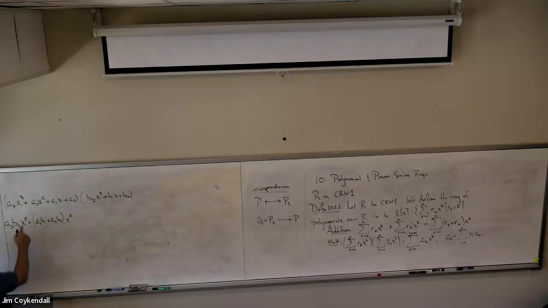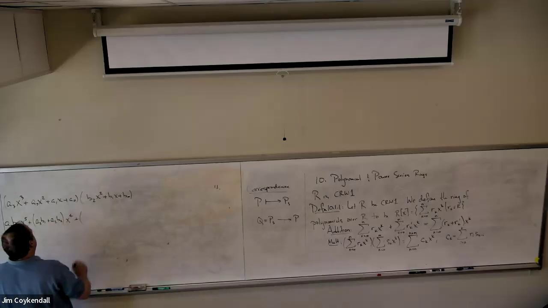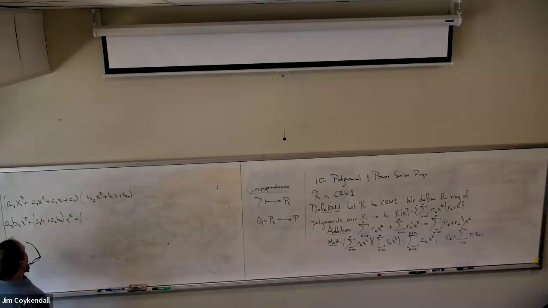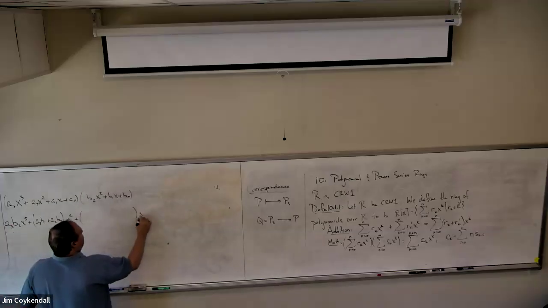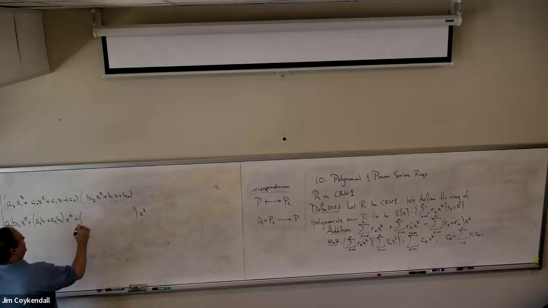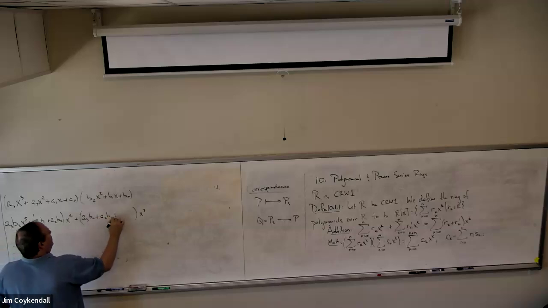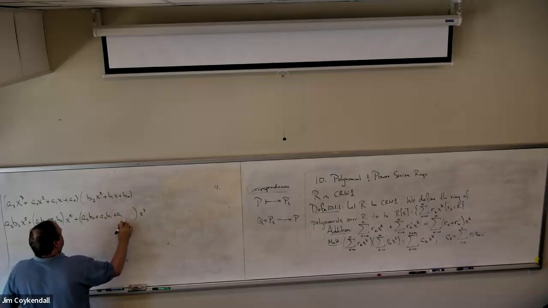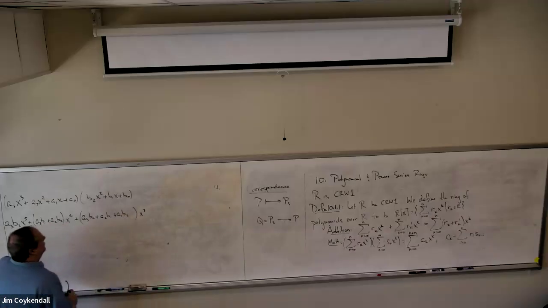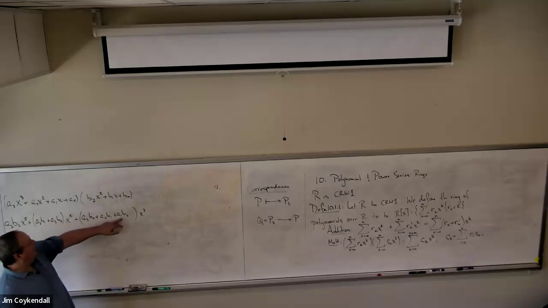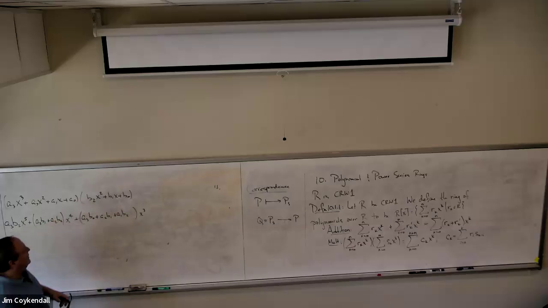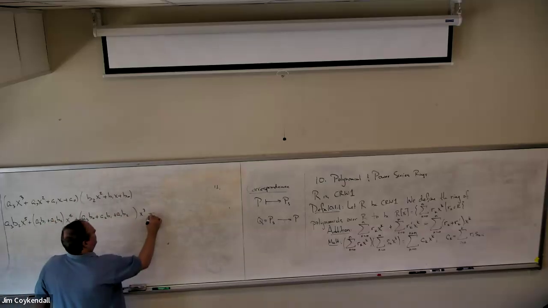Notice the subscripts always sum to the degree, like you see in the formula there. This is the x cubed term, and this will be the last appearance of this leading term: A3 B0 plus A2 B1 plus A1 B2. And that's as far as I can go, because the next term would be A0 B3, but B3 is 0.